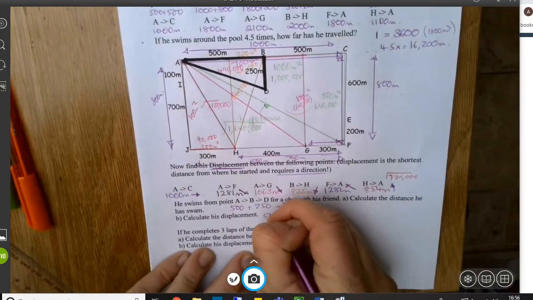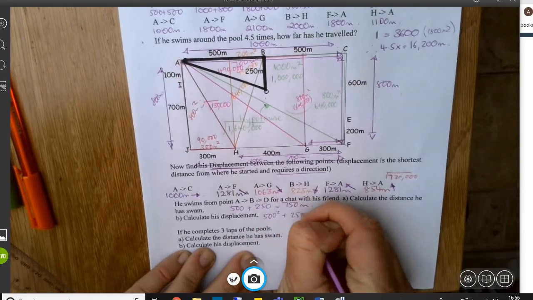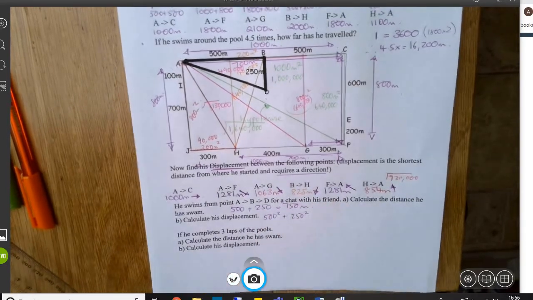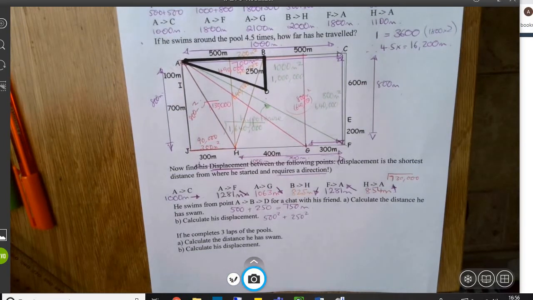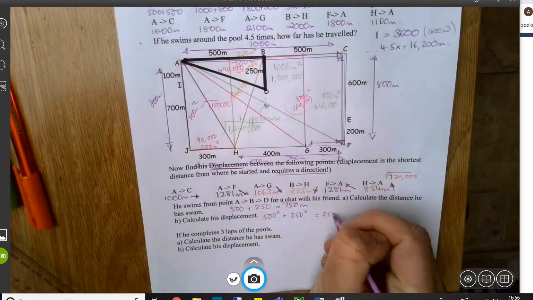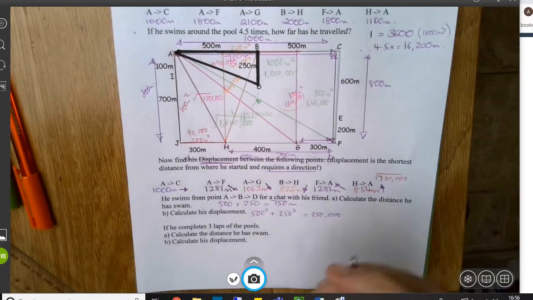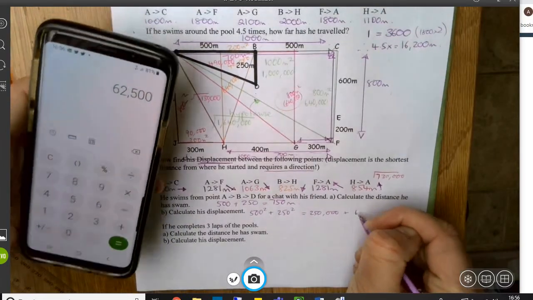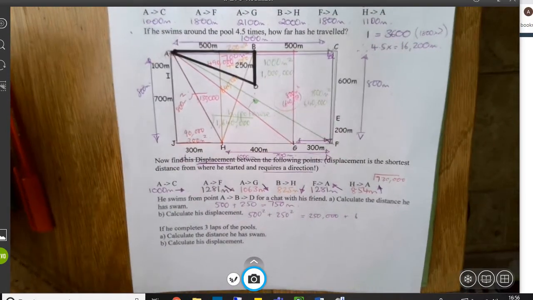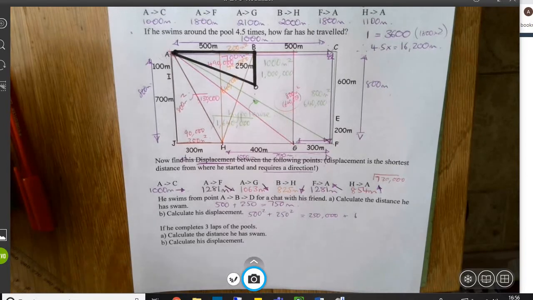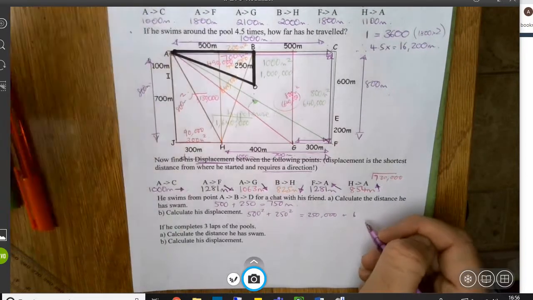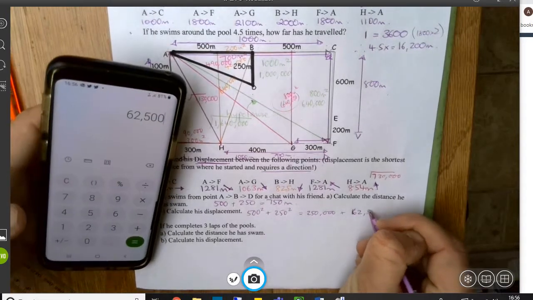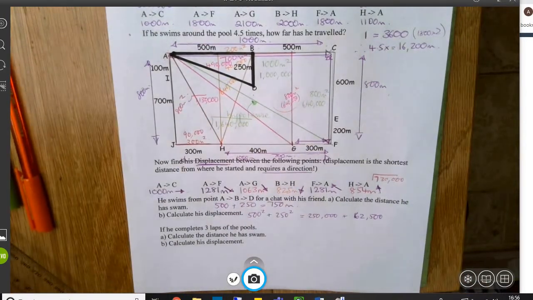So we want 500 squared plus 250 squared. 250,000 plus 250 times 250. It should be. I'm just checking. Yep. 62,500. Okay.